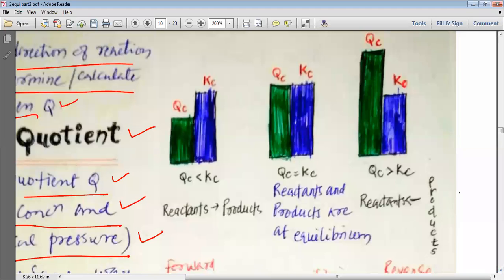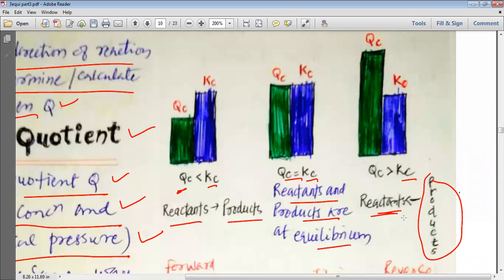To understand the same, we have a graphical representation. You can see that with the green color we have represented Qc, and with the blue color we have represented Kc. If the value of Qc is less than Kc, the reaction will move in the forward direction. If the value of Qc and Kc are equal, reactants and products are at equilibrium. But if the value of Qc is greater than Kc, the reaction moves from the products to the reactants, and the reverse reaction takes place.